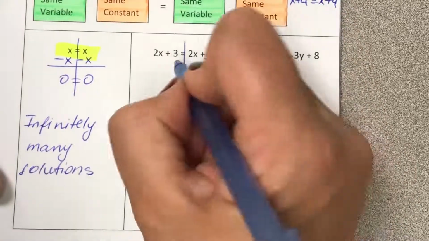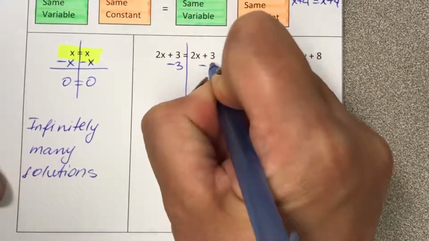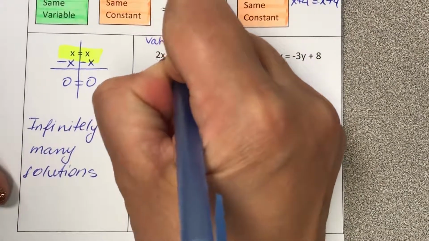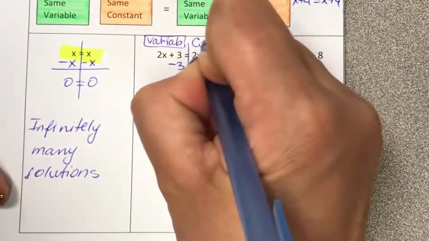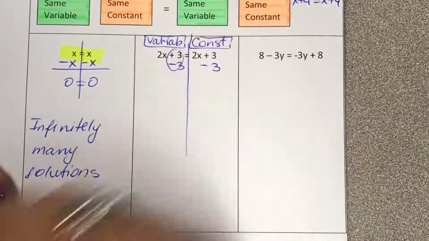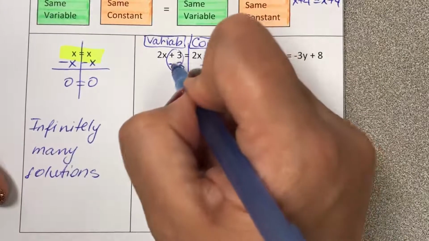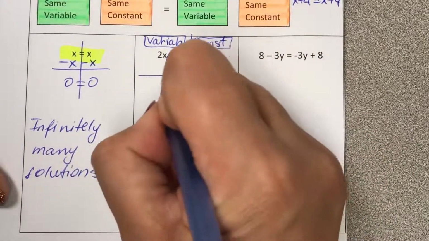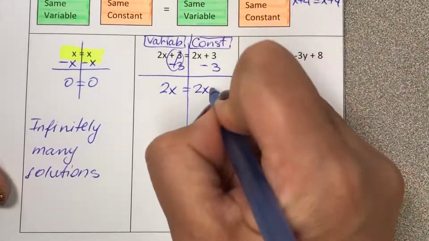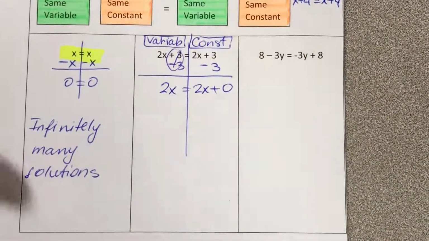If I solve, I like to have variables on this side and then constant on this side. So I'm going to remove the constant, trying to remove it from the left, and have 2x equals 2x, and then 3 minus 3 is 0. Plus or minus 0, doesn't matter.